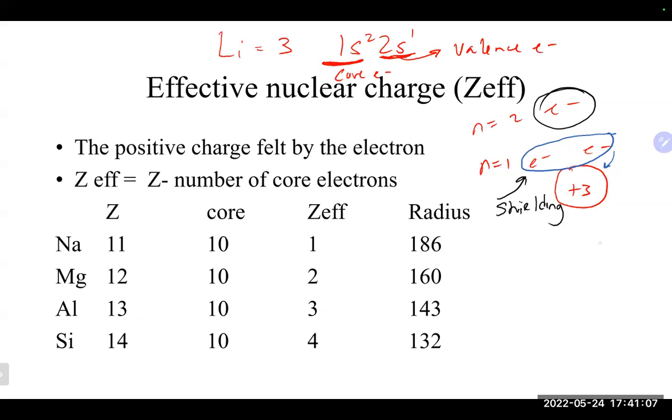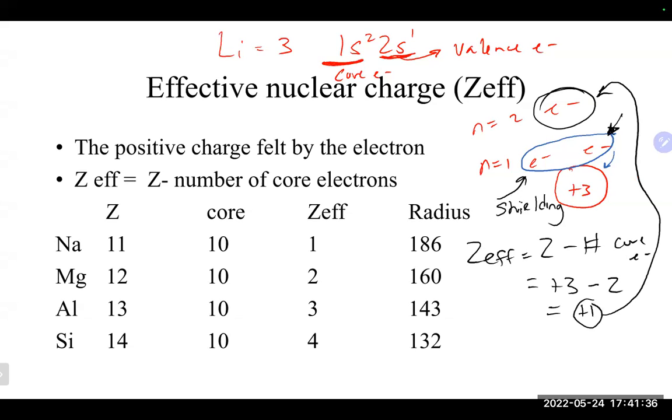So instead of feeling the full brunt of that positive 3 charge, it's feeling a little less. You can calculate the Z effective by taking the number of protons minus the number of core electrons. In this case, we have a positive 3 for our protons, and then 2 electrons in the shielding. So that outside electron is only feeling a positive 1 attraction to the nucleus.